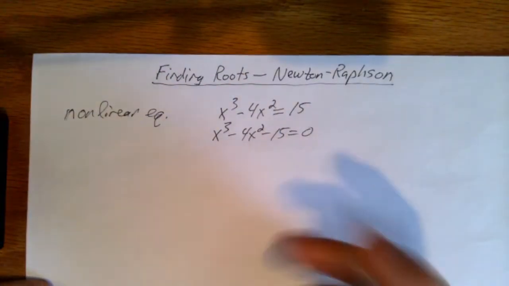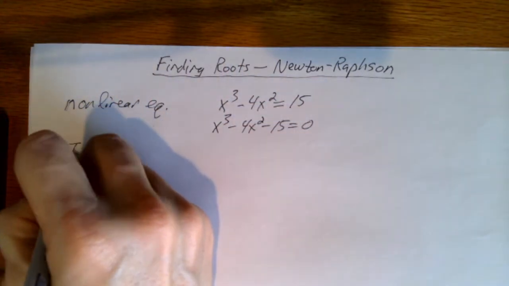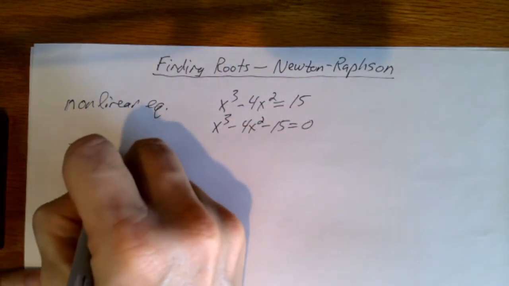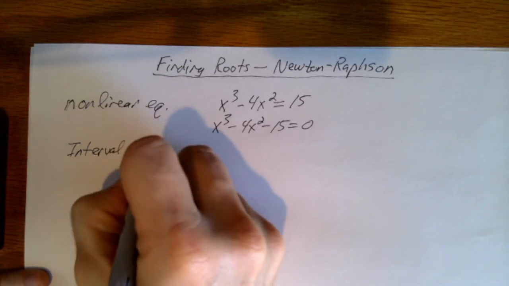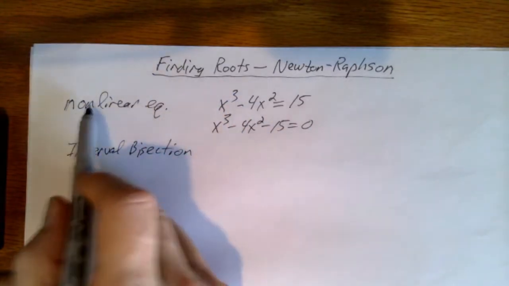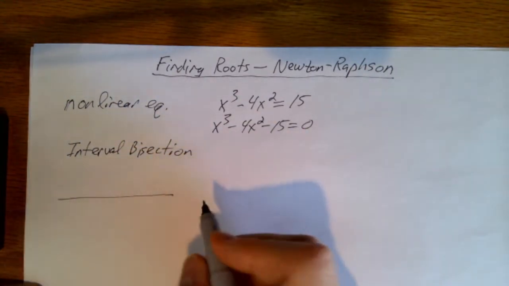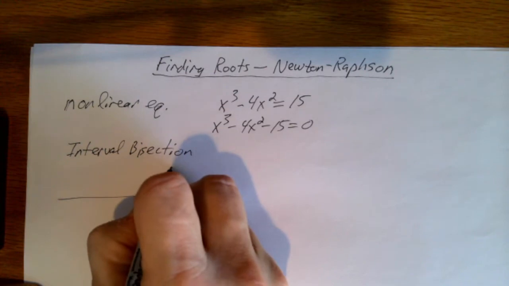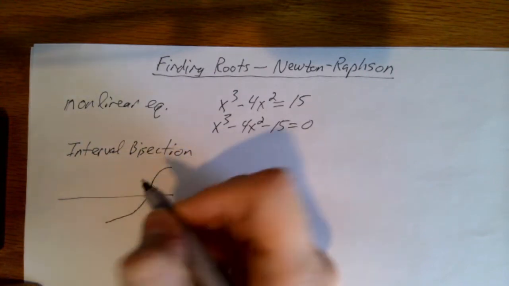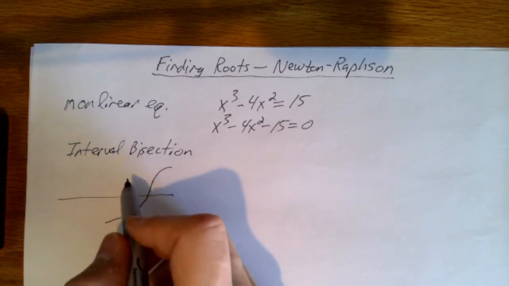Now in a previous video, I used the interval bisection method for finding roots or solving nonlinear equations in that case. And it worked basically like this. If this is the x-axis and say that's my function, we have to know an interval in which the root lies, or at least one root.